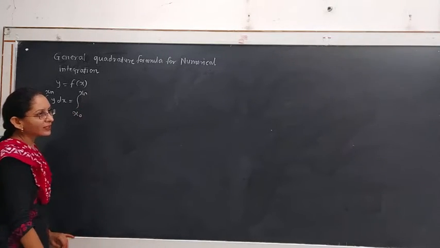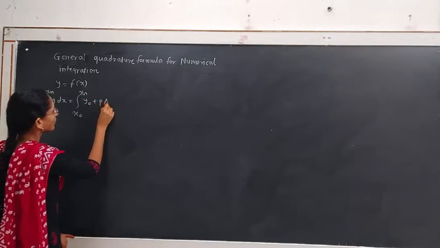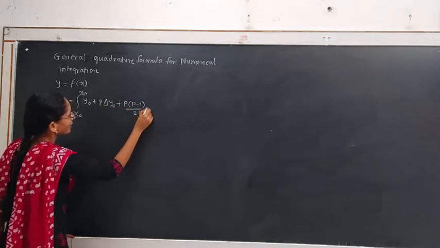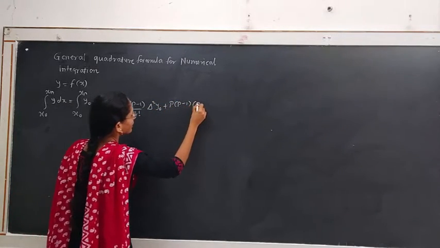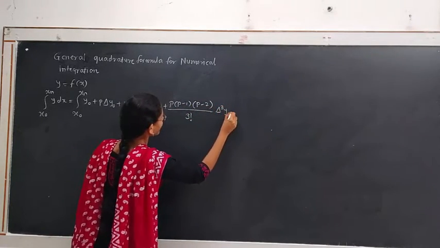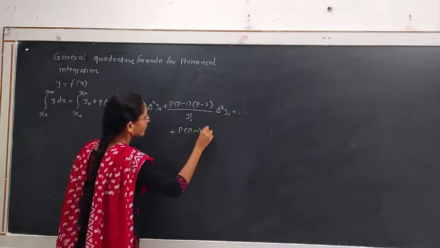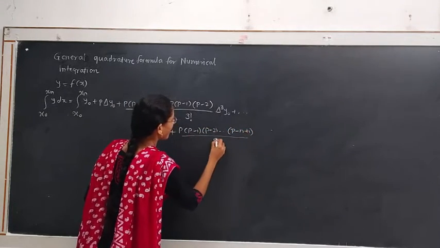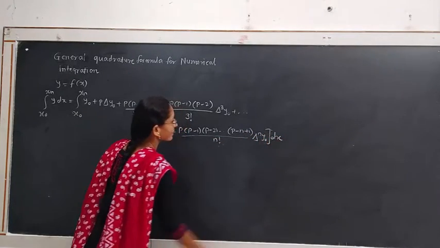By using Newton's forward interpolation formula, the integrand is y0 plus p into del y0 plus p into p minus 1 upon 2 factorial del square y0 plus p into p minus 1 into p minus 2 upon 3 factorial del cube y0 plus, up to the last term, p into p minus 1 into p minus 2 up to p minus n plus 1 upon n factorial into del raised to n y0, into dx.